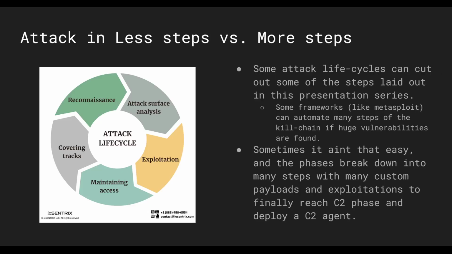I included this slide, attack in less steps versus more steps, because this is where the kill chain is great as a overview of the attack lifecycle, but sometimes it doesn't represent everything. There are some cases where your attack lifecycle is only 4 steps, but sometimes it's 25 steps because the network is so much more complex and there are so many additional steps you need to take.